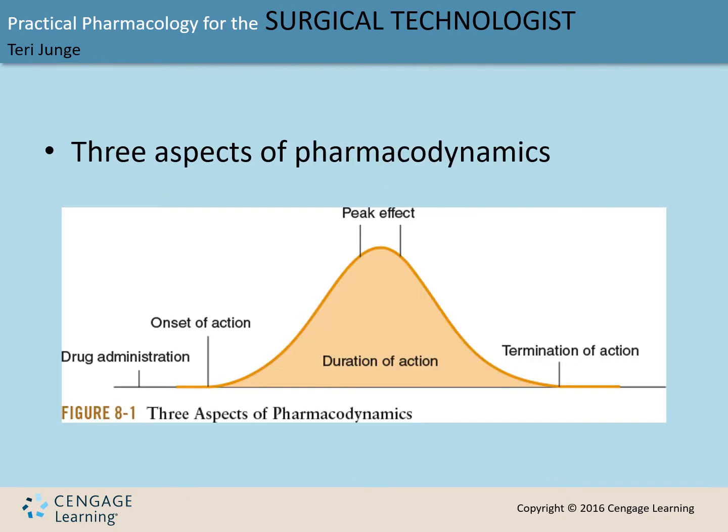So there are three main aspects of pharmacodynamics that we're going to talk about, and those three aspects are the onset of action of the drug, the peak effect, and the duration of action. And then you can see here on this diagram that we have two other factors.